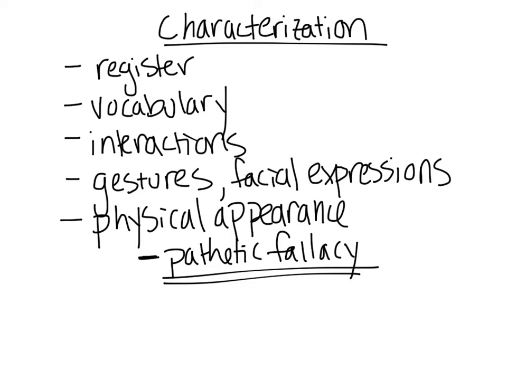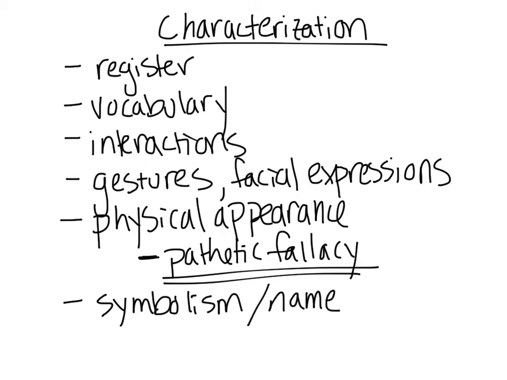So oftentimes that comes with personification. So if the character's feeling very depressed, the environment might be barren, there might be personification as well, used to really give that environment of depression. And finally, there might be some symbolism used to establish the character. Sometimes even there might be some symbolic meaning in their name.